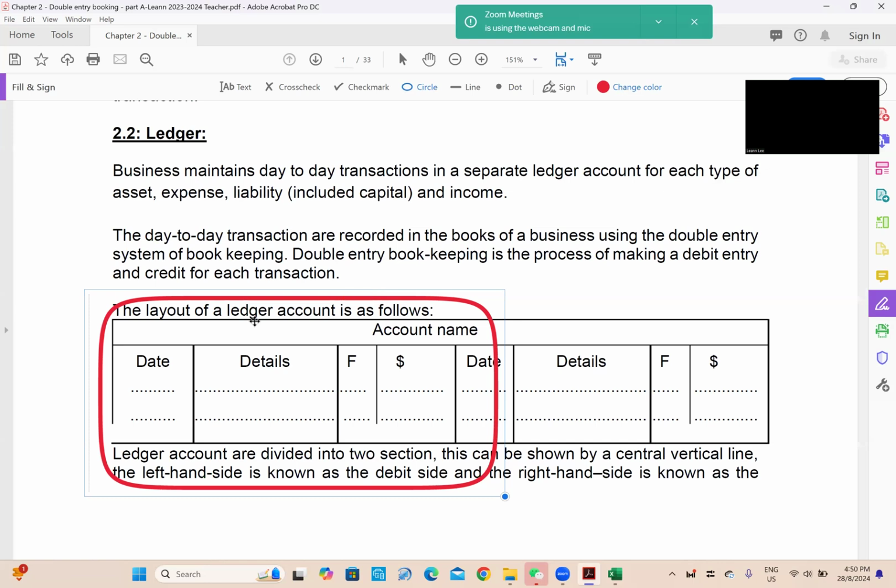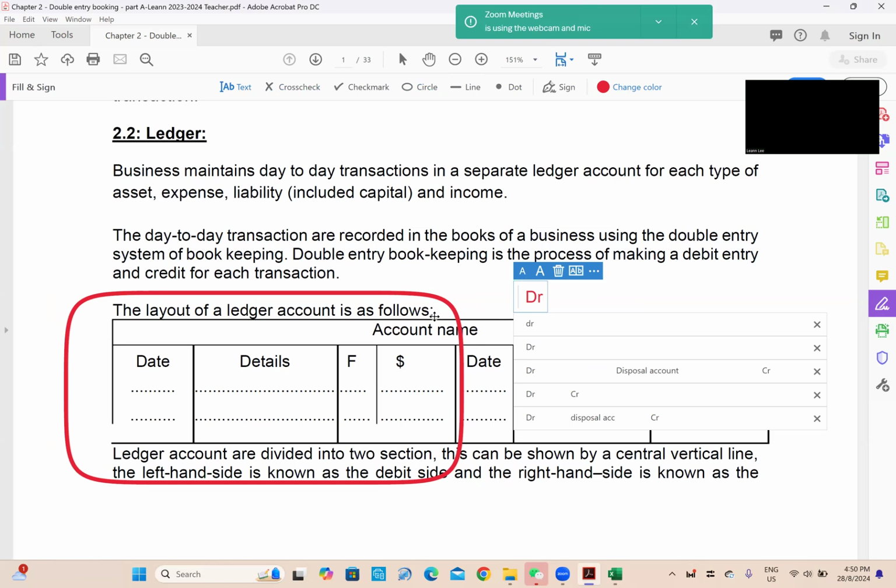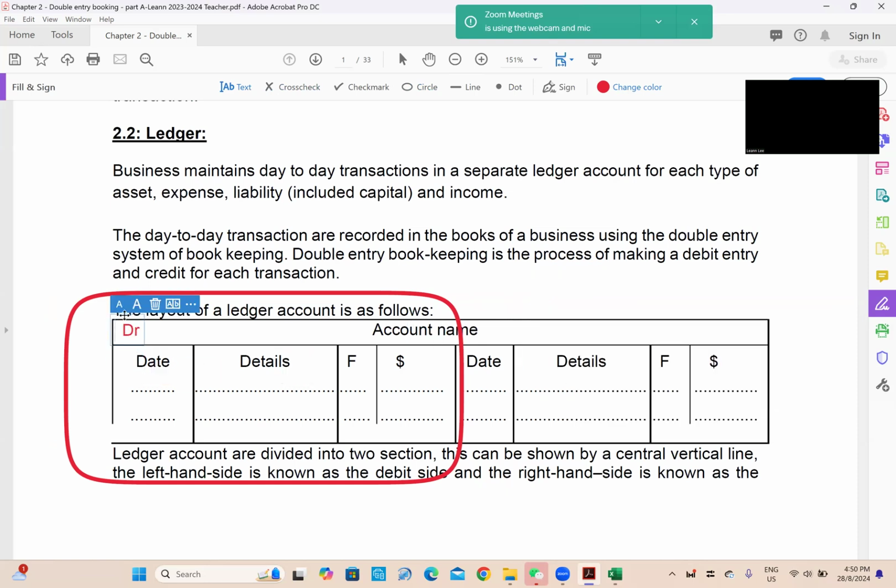Here is my left hand side. The side without my circle is my credit side. So debit and credit will always be there: debit is at the left hand side, whereas credit will always stay at the right hand side.